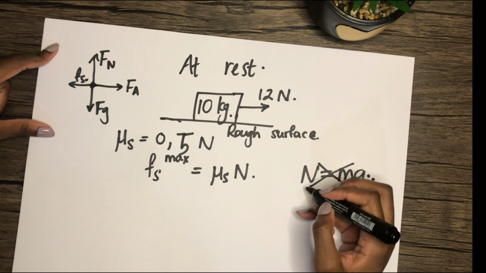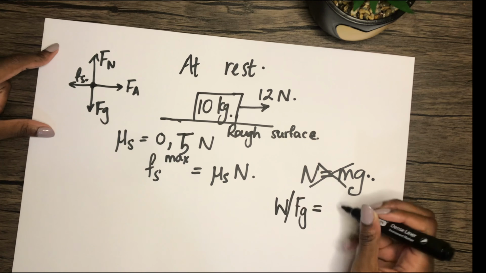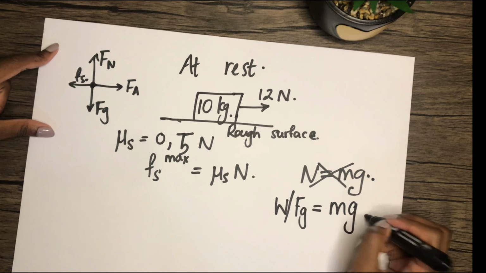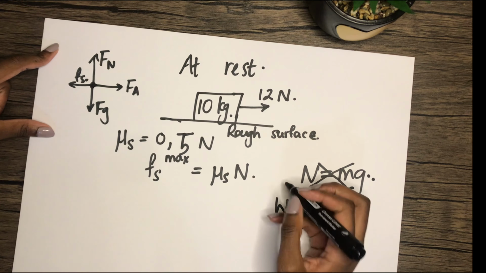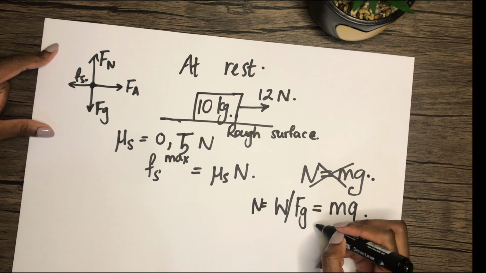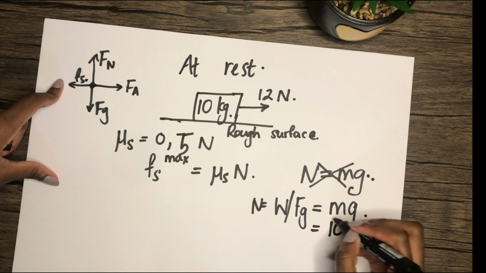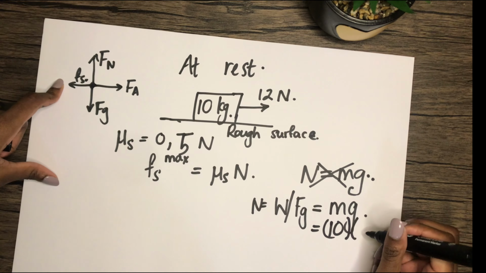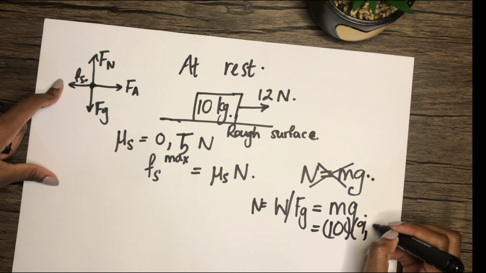And we know that Fg, gravitational force or weight, is equal to mg, right? And in this instance, the weight Fg is equal to n. So I can calculate n using mg. M is the mass in kilograms, and g is the gravitational acceleration.